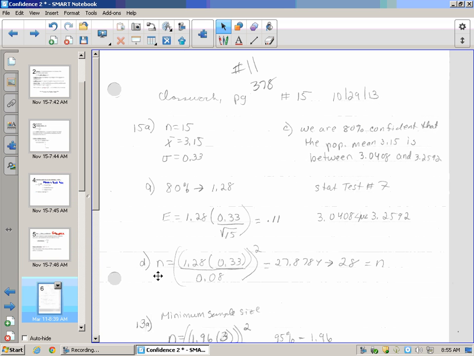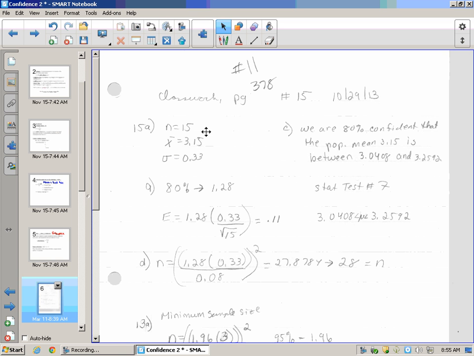Next, we're going to turn to page 378 and look at some problems. Number 15 is talking about Allen's hummingbird. Part A says find an 80% confidence interval for the average weights of Allen's hummingbirds in the study regions, and then it asks what's the margin of error.